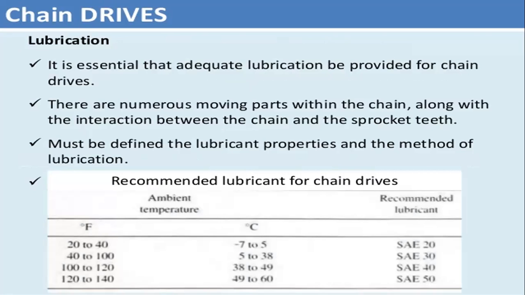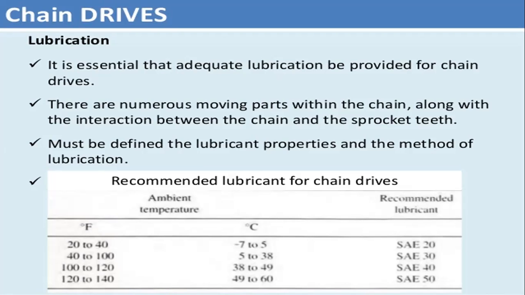So you have to verify all the moving parts of the chain, whether they are engaged and aligned correctly, and the lubricating properties and the method of lubrication must be defined.